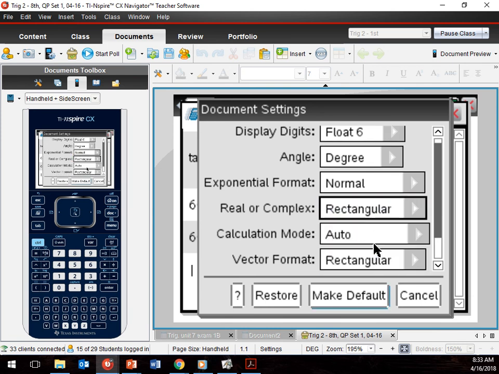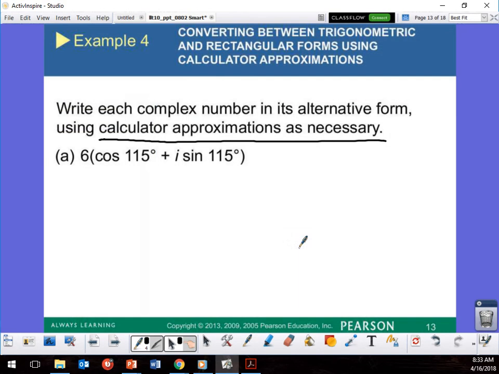When you put that in, you got negative 2.5 plus 5.4i. It says rectangular form up there.